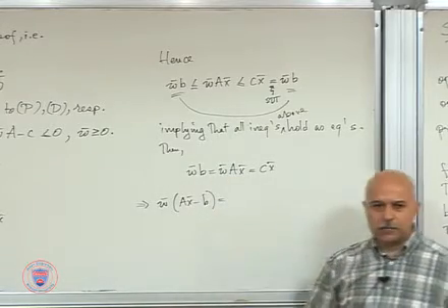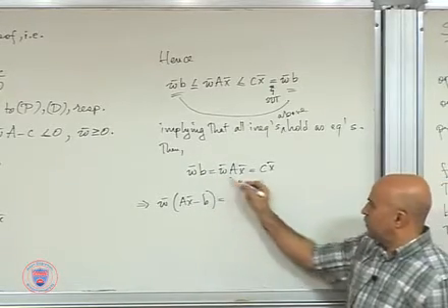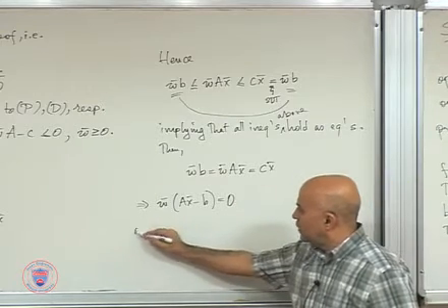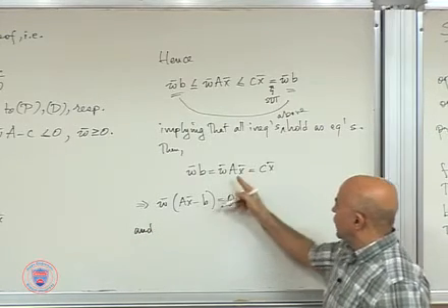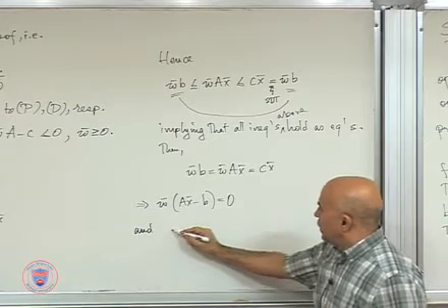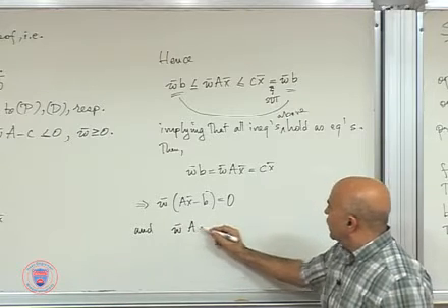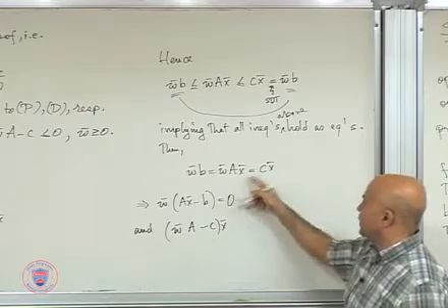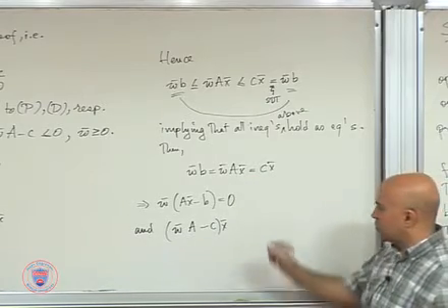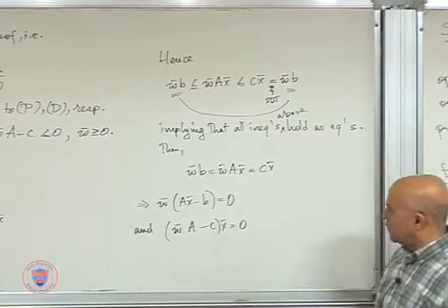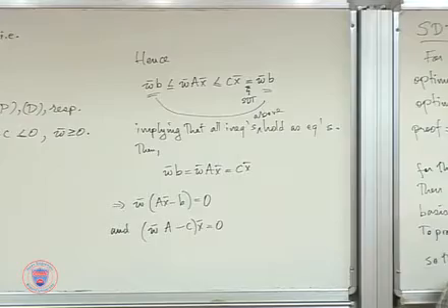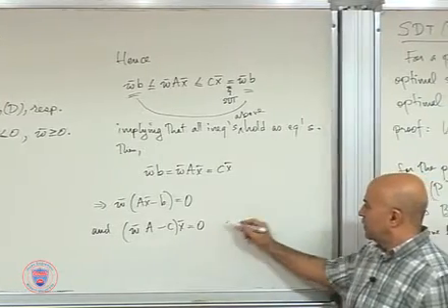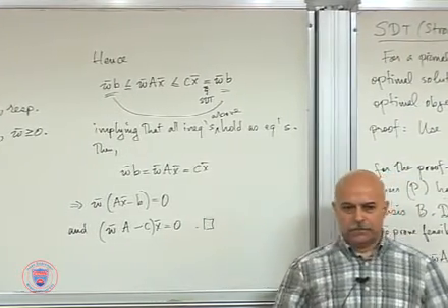I'm just factoring w bar out from the left equality. So this is equal to 0. And it also implies w bar A minus C times x bar. This time you factor x bar out is equal to 0. Okay? That's the end of the proof.